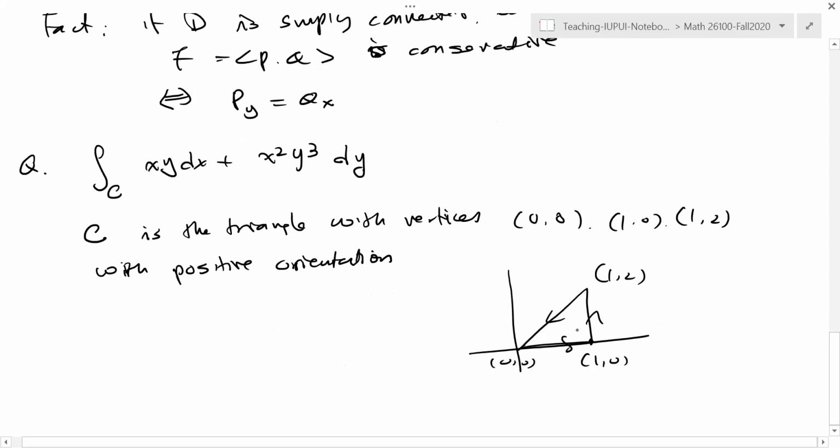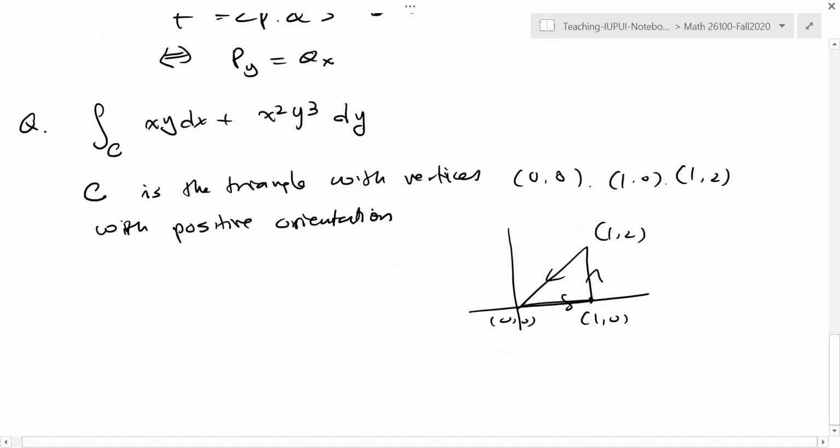Now, if you try to solve this problem directly, to evaluate the line integral, it takes much longer. You have three pieces. You have to evaluate the line integral along each side of the triangle, so three integrals. That's too complicated. It's not like a circle, which you can easily parameterize. It consists of three pieces.